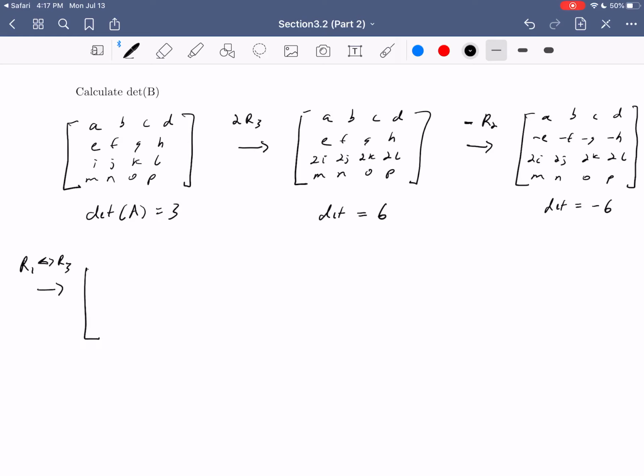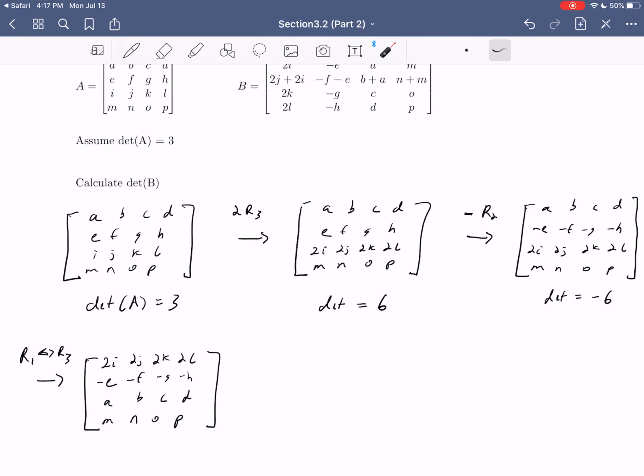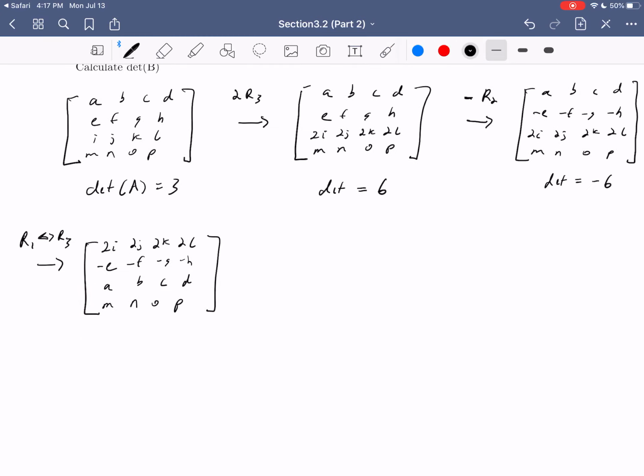Now I have the matrix 2I, 2J, 2K, 2L, and then negative E, negative F, negative G, negative H. And then I have A, B, C, D, and then I have M, N, O, P. Okay, so let's go ahead and actually perform the transpose now. Also, that interchange, of course, negates the determinant, so my determinant here is 6.